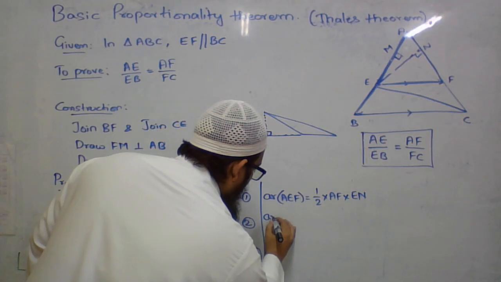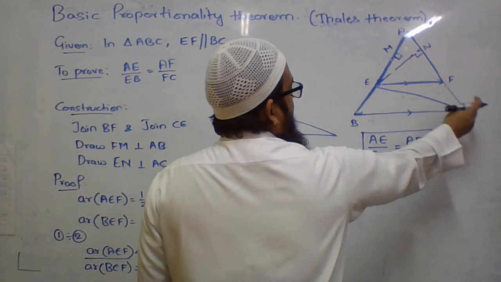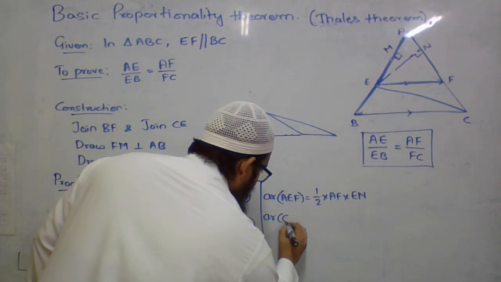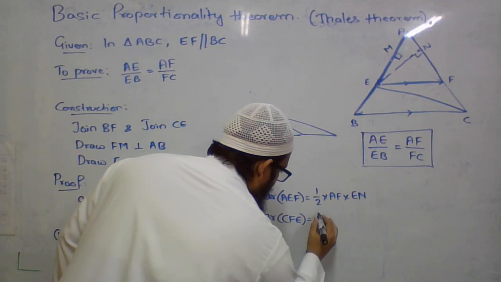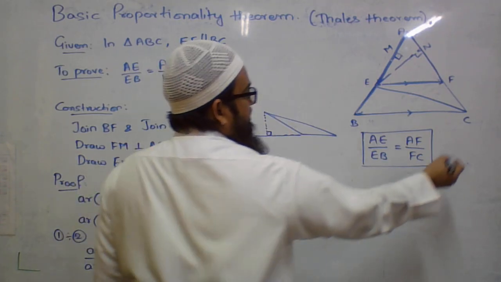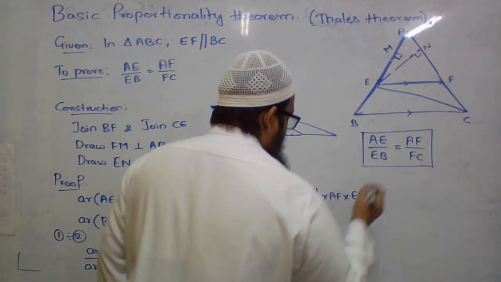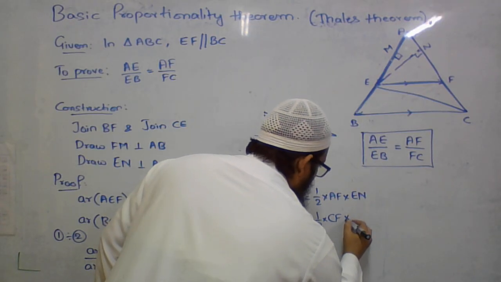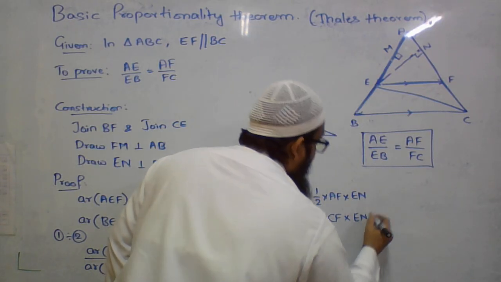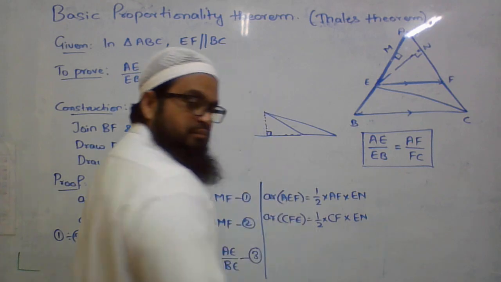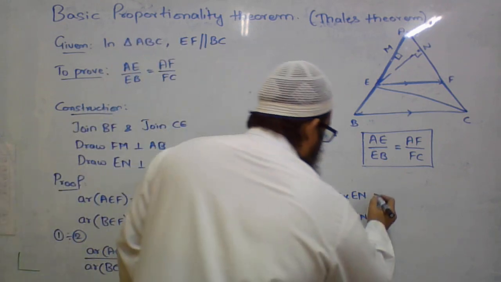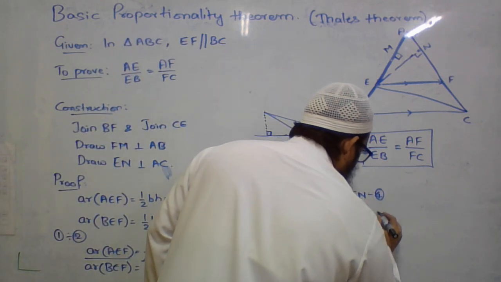Now area of this triangle CFE is equal to half into base, I am going to take CF as base, into the height of this obtuse angle triangle. Okay, let it be the fourth equation and fifth equation.